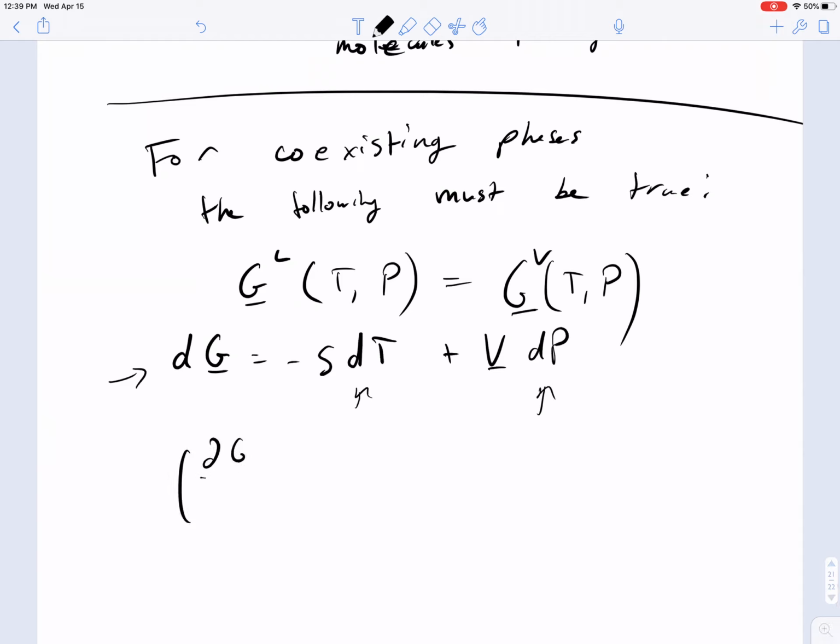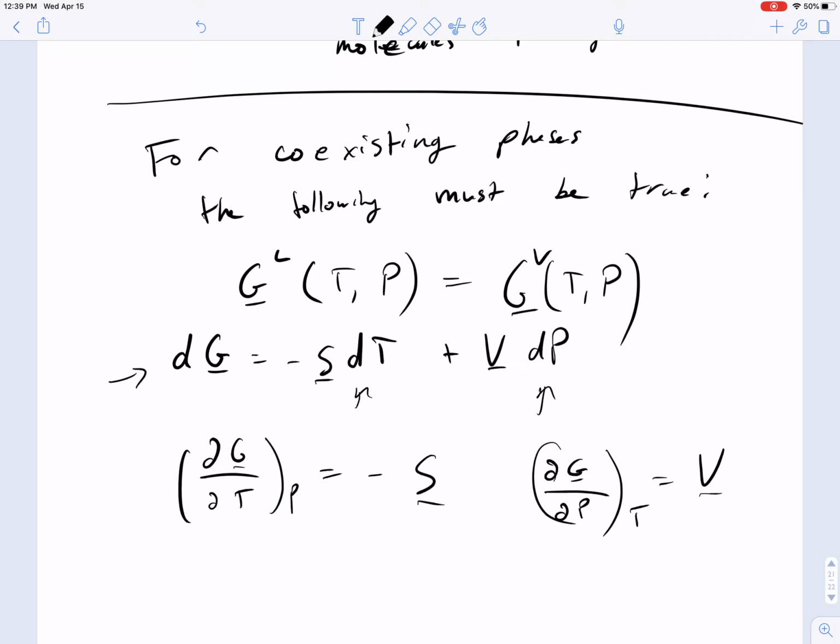From this, you can say that the partial of the molar Gibbs free energy with respect to temperature at constant pressure is equal to minus the molar entropy. And also that the partial of G with respect to pressure, with temperature held constant, is equal to the molar volume.